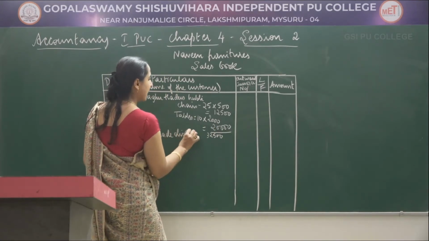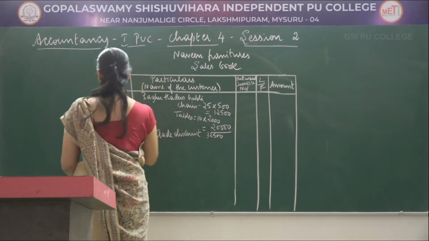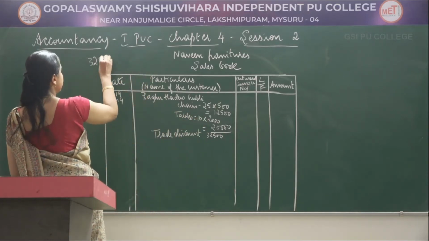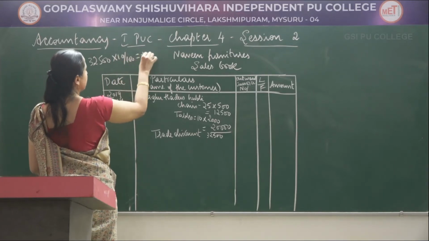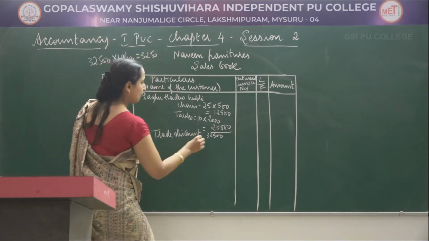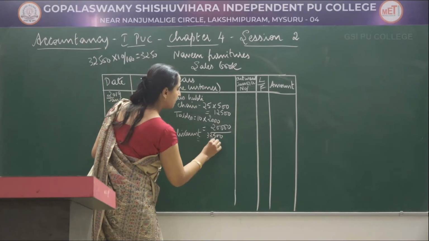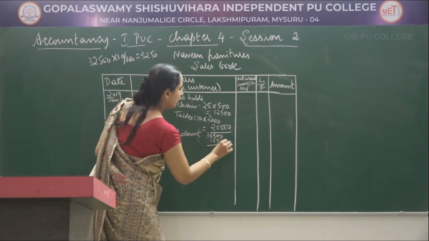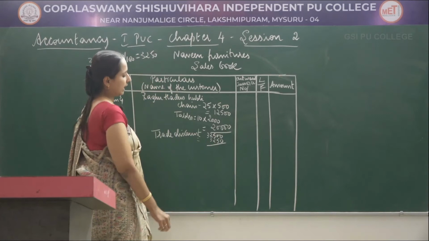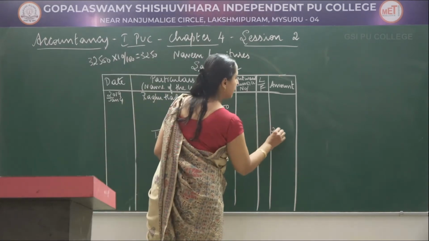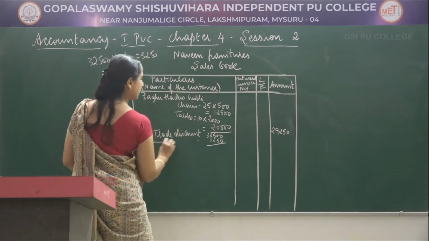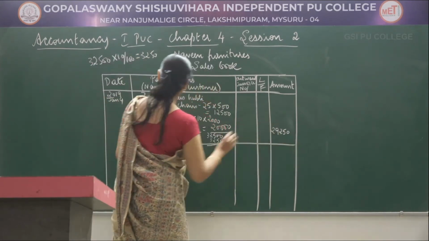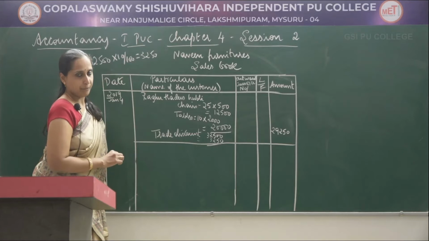So now we have to calculate 10% discount on 32,500. So it comes to 3,250. So if we subtract 3,250 from 32,500, it comes to 29,250. So this is the transaction which is related to Raghu Traders.